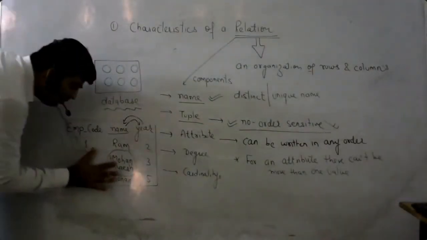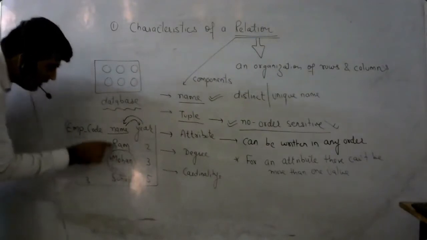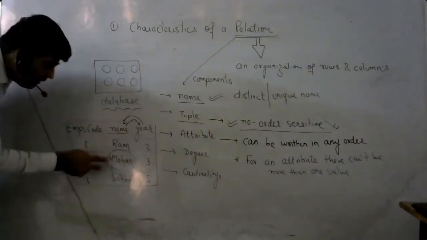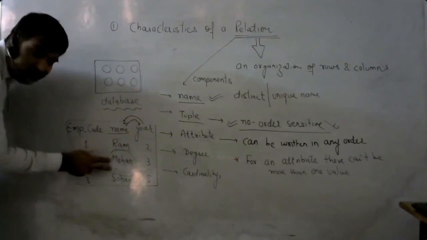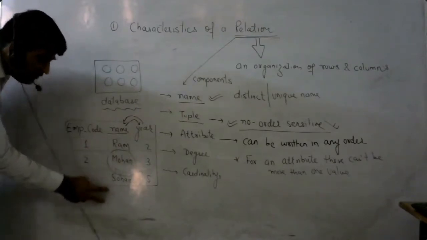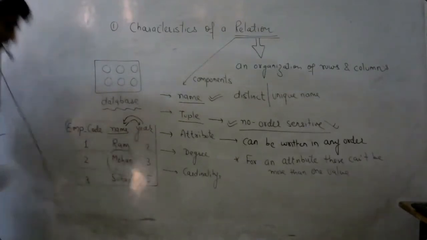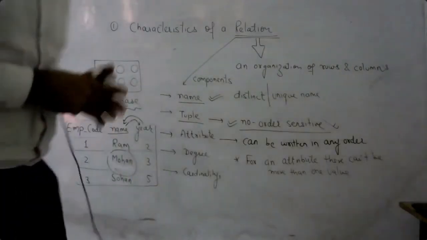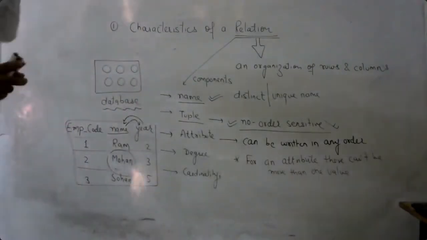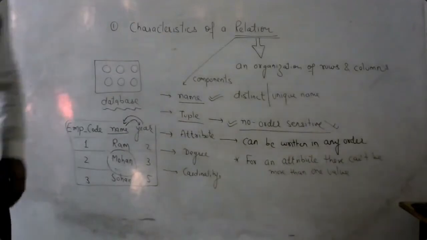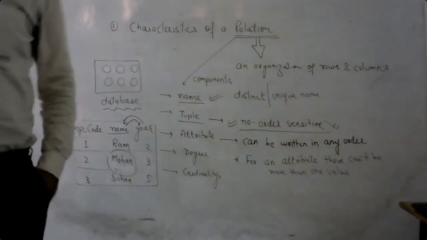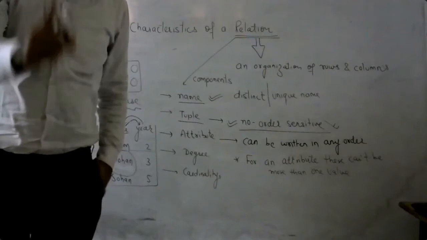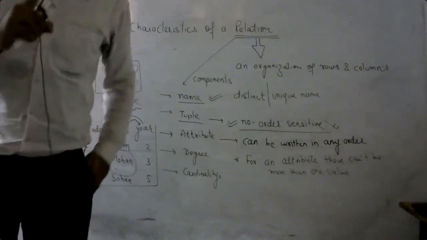So we can have only one value for an attribute. Here we can have Ram, not more than one value. Here we can have Mohan, not more than one value. Here we can have Sohan, not more than one value. Similarly for year and EMP. So the fourth characteristic of a relation is that an attribute must have one and only one value.